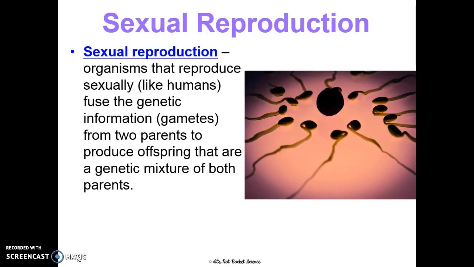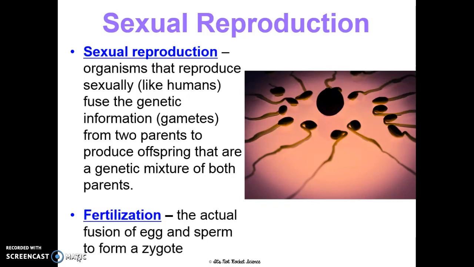Even though you might look more like one or the other, you are exactly half and half of both. The action of the egg and sperm coming together to form what we call a zygote is known as fertilization. So ultimately, a zygote is just where the egg and the sperm have successfully come together and they're beginning to divide.